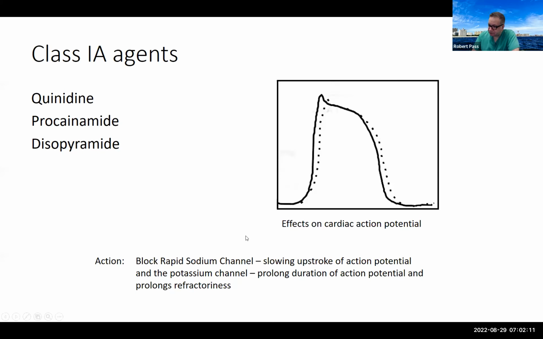These agents all block rapid sodium channels, slowing the upstroke of the action potential, and potassium channels, and they prolong the duration of the action potential and prolong refractoriness. This is the impact on the action potential that one would generally see from these agents. So let's go through each one separately.